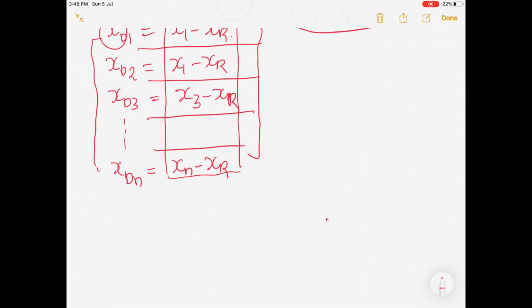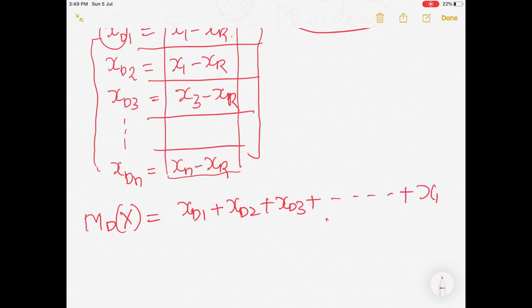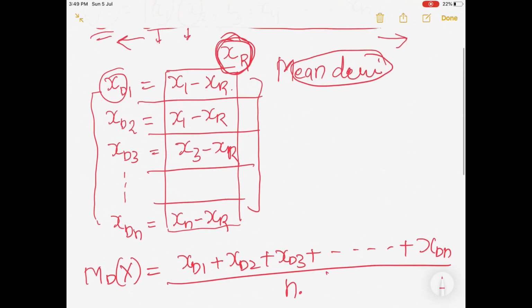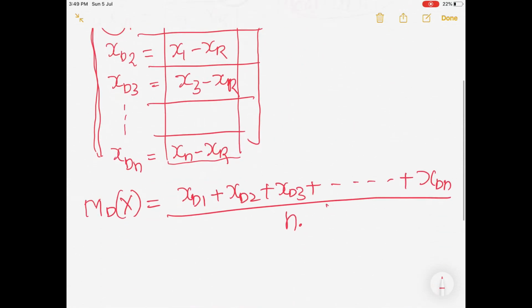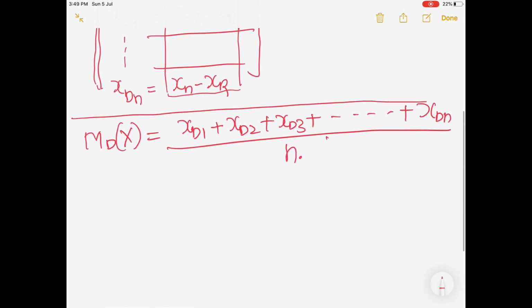So mean deviation of X equals xd1 plus xd2 plus xd3 plus, in the same way up to xdn, divided by the number of data points, because the deviations are exactly the same in number as the points. This is how we can calculate the mean deviation of a given data set about a specific point.